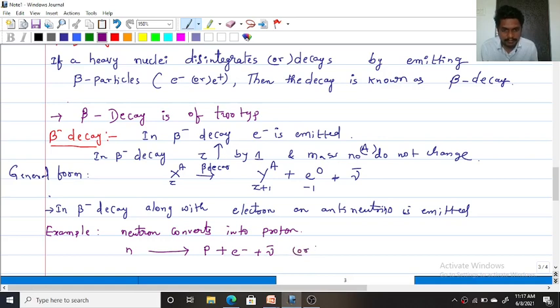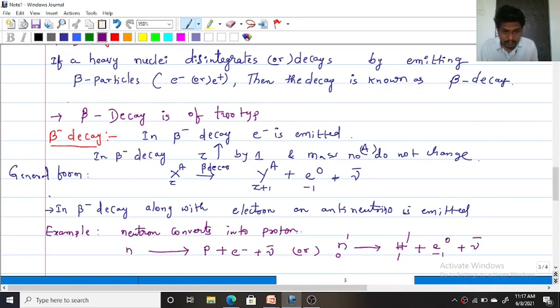It can also be written as neutron, whose charge is 0, it is a neutral particle, and mass number is 1. Proton can be written as 1H1, proton nothing but 1H1 hydrogen, whose atomic number is 1 and mass number is 1. So neutron gives proton plus electron, e with atomic number minus 1 and mass number 0, plus anti-neutrino.